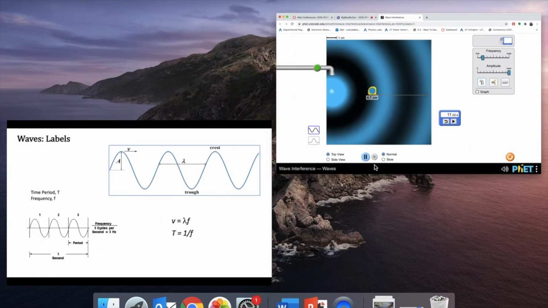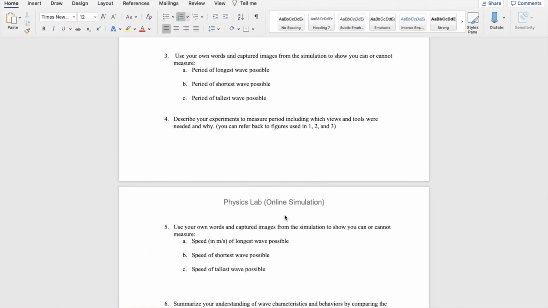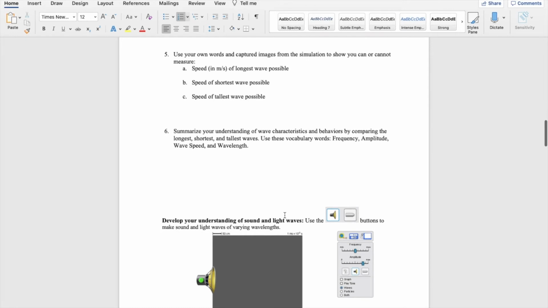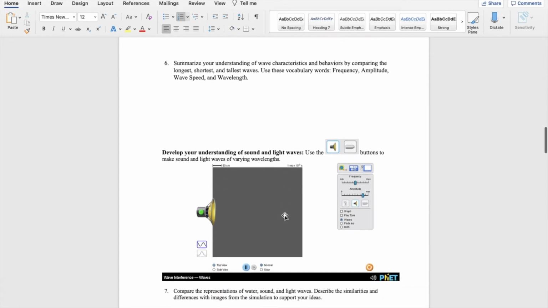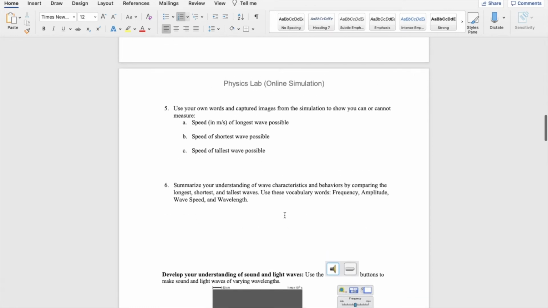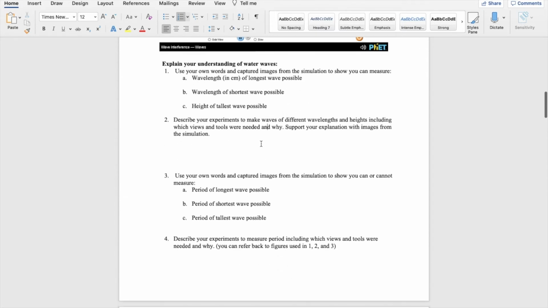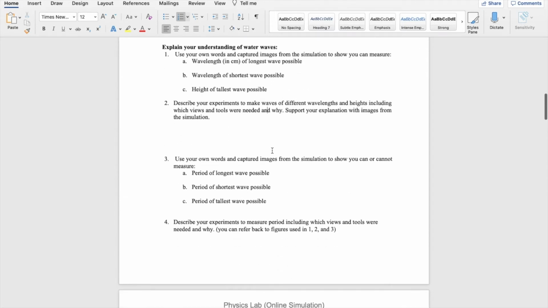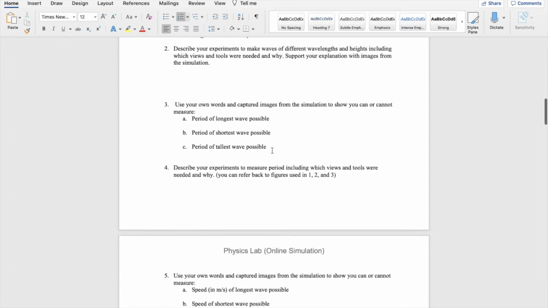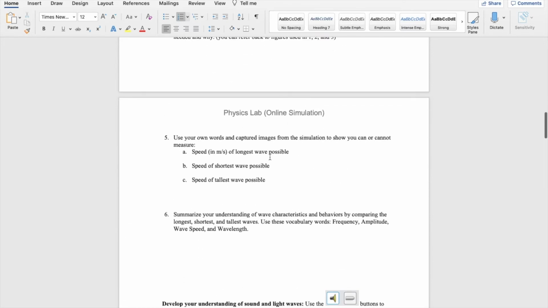Also, to move on, summarize your understanding of waves. So, based on what you have done here, calculation of your wavelengths, heights, and how to change the wavelength, how to get the longest wavelength, shortest wavelength. Same thing for the period and speed.